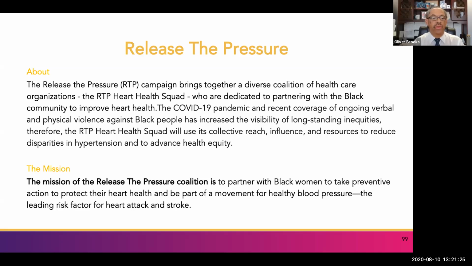So the mission of the Release the Pressure Coalition is to partner with Black women to take preventive action. You kept saying the word preventive action, to eliminate hypertension, and therefore reduce the chance of heart attack and stroke. Next.